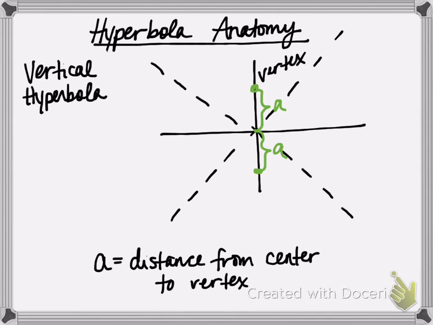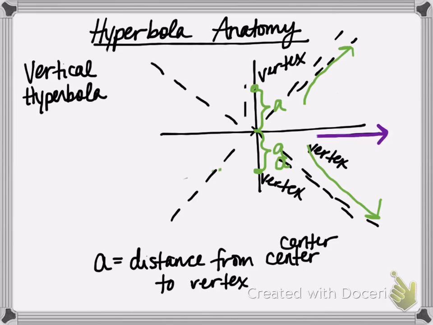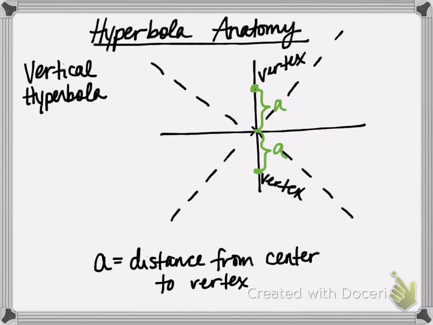We'll call them vertices. And then the branches of my hyperbola will simply pass through the vertex and approach the asymptotes.